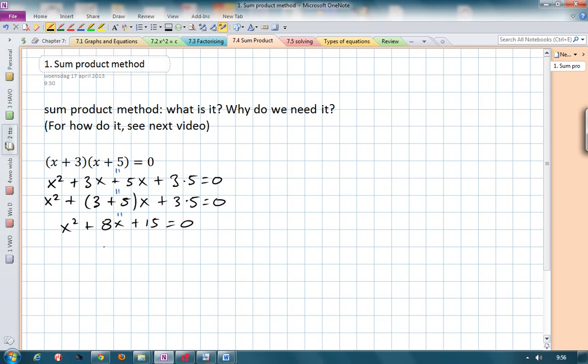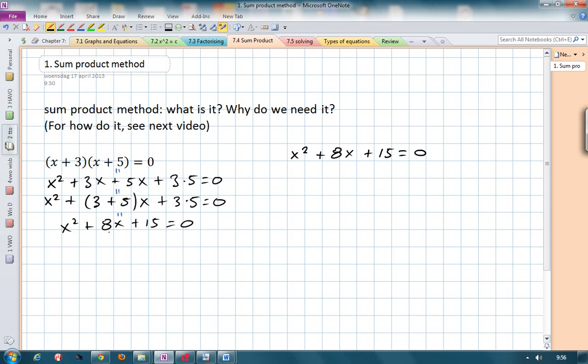So then, of course, where I'm going is let's pretend for a minute that we hadn't started with this equation, but we'd started with this equation. So let's say that we had been asked to solve x squared plus 8x plus 15 equals 0. And of course, we already know that the solutions are x equals minus 3 and x equals minus 5. But let's pretend for a minute that we had not.